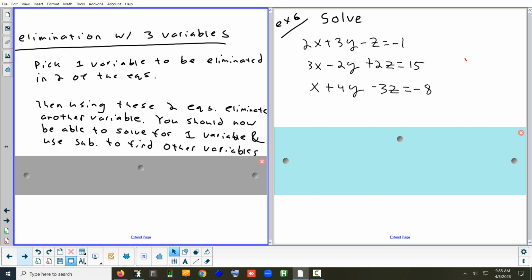Let's see if I can word that any clearer. Pick one variable to be eliminated in two of the equations. Then eliminate that variable again, but you have to use two different equations.